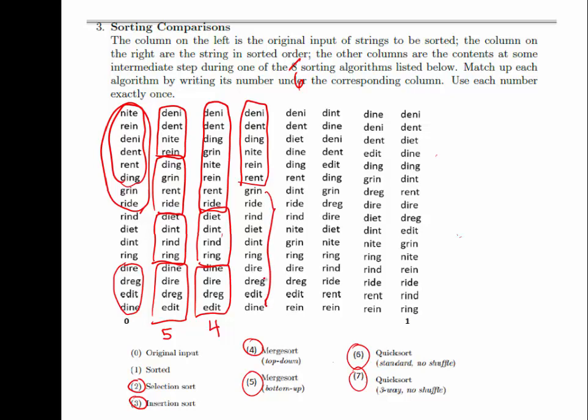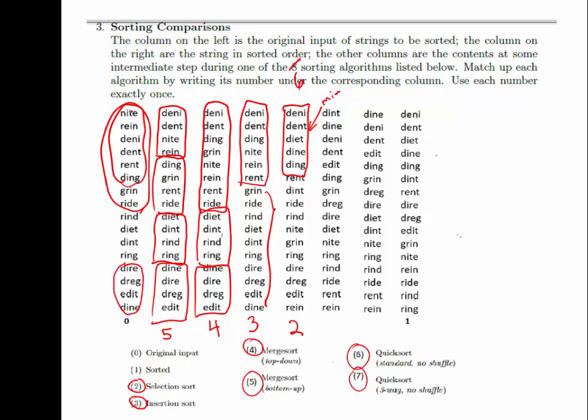It is the original thing, which we call the insertion sort. So that's 3. If you look at this one here, you will notice that this part has the minimum elements in the array, and these are all bigger than this. So the only way that can happen is if you have a selection sort.